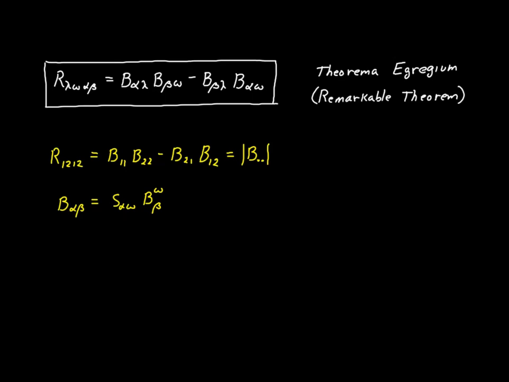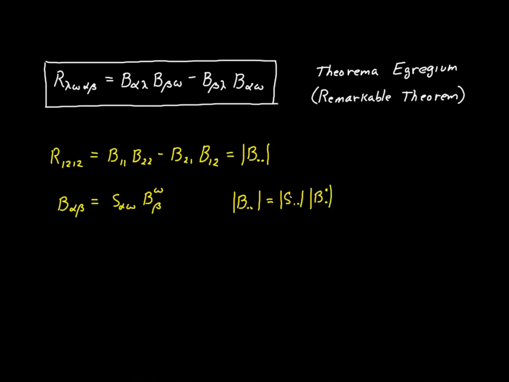Now, if you remember the multiplication property of determinants back in video 46, we know that the determinant of a product is equal to the product of the determinants. So the determinant of B with the two indexes in the lower position would be equal to the product of the determinants of S in the lower position here times the determinant of B with one index in the upper and one index in the lower position, like that.